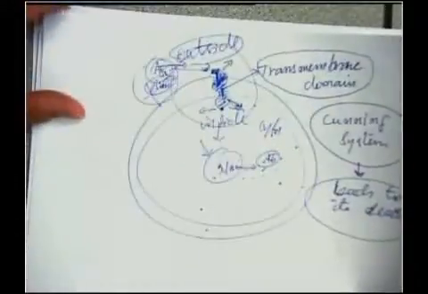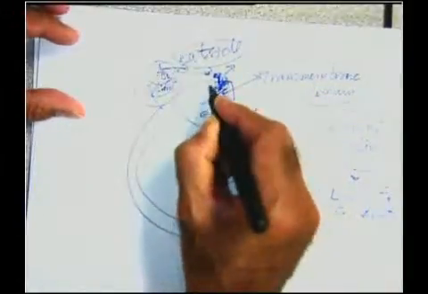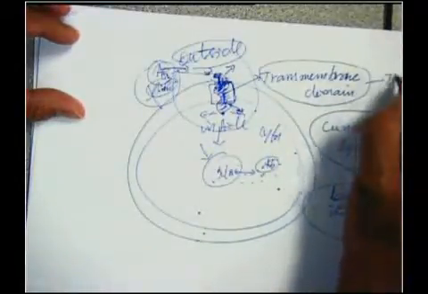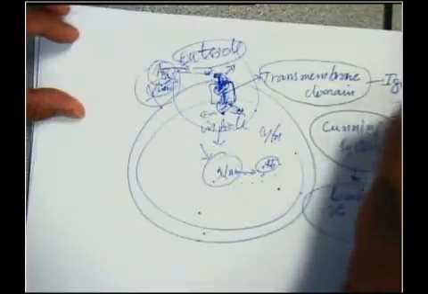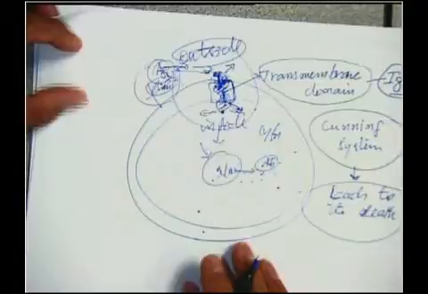If you recollect this picture, the transmembrane domain of that protein is made up of the IgM class. This is the IgM class.